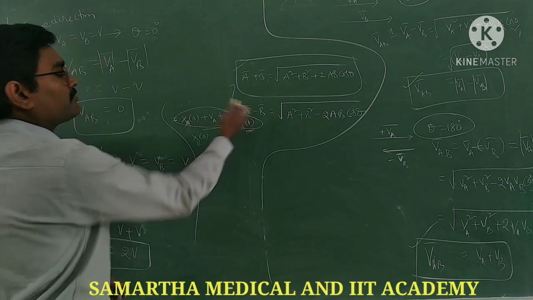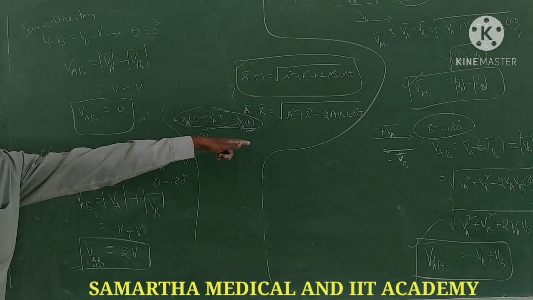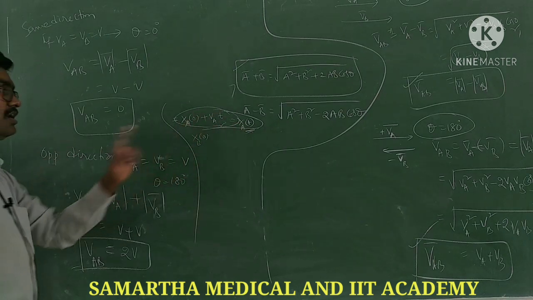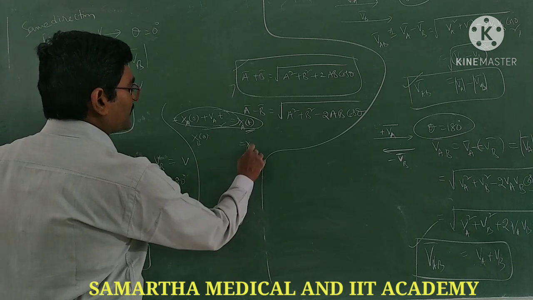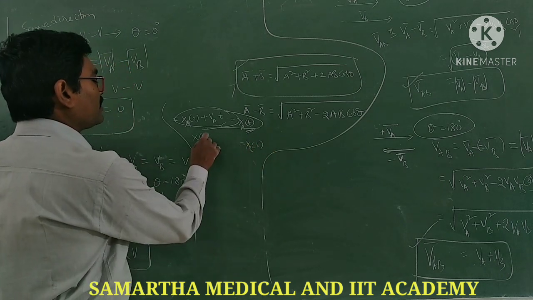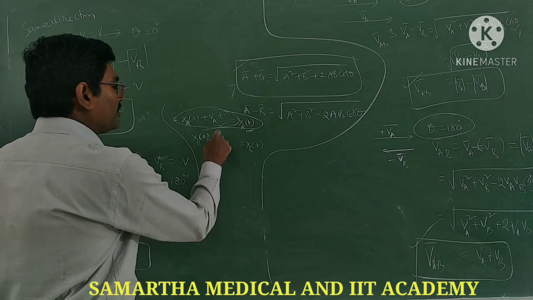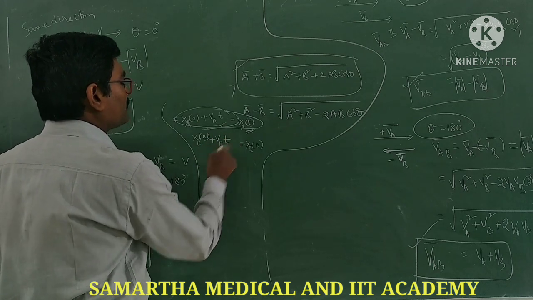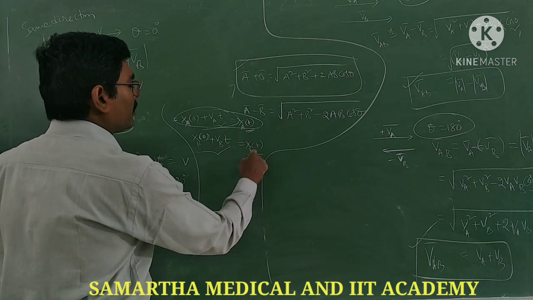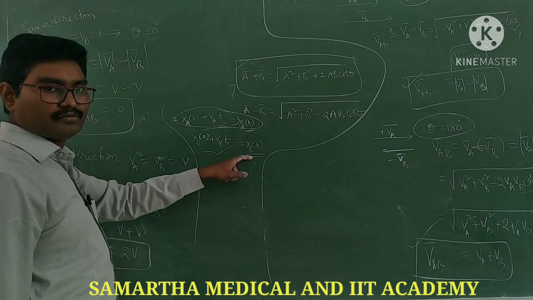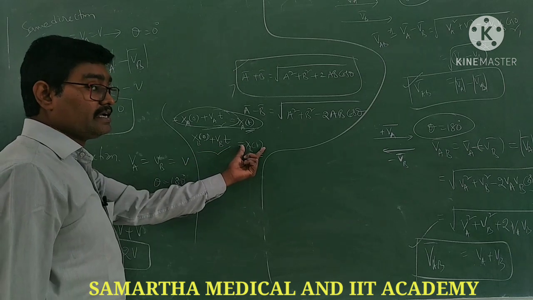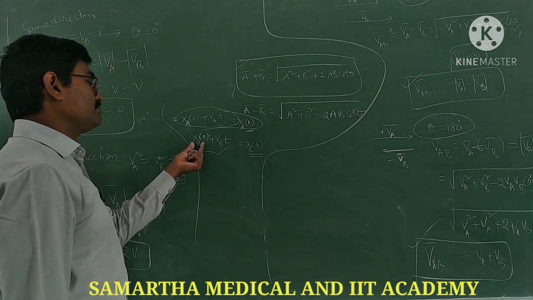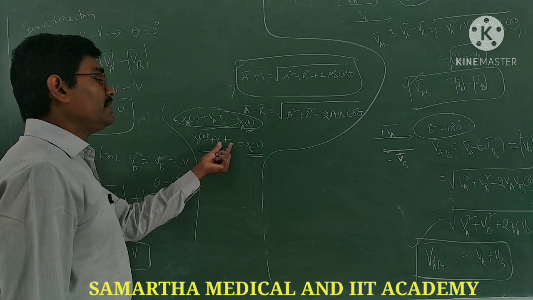Similarly, for the second body, if the position at 0 is xb and it is going with speed Vb, then xb at time t is equal to xb at 0 plus Vb into t.